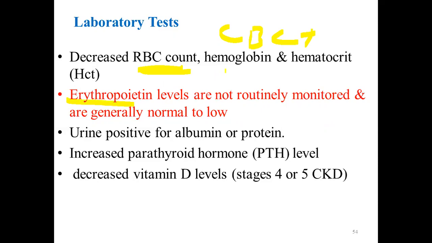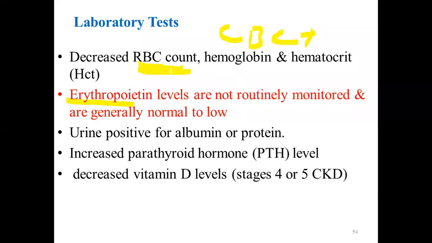They normally measure CBC, which is cheap. That one is an indirect measure of erythropoietin level. So determining the erythropoietin level is not common, and mostly it is low, but mostly they look at the CBC level.